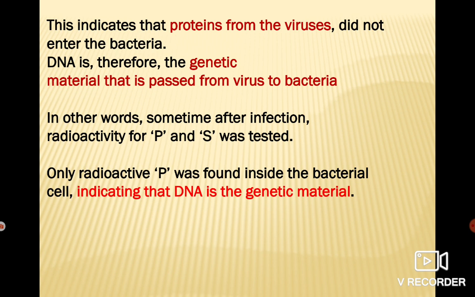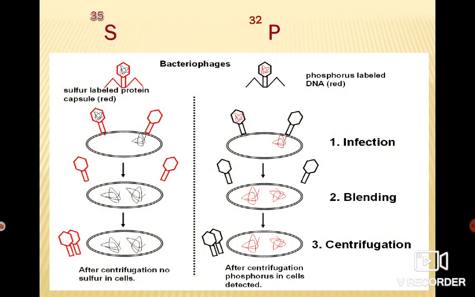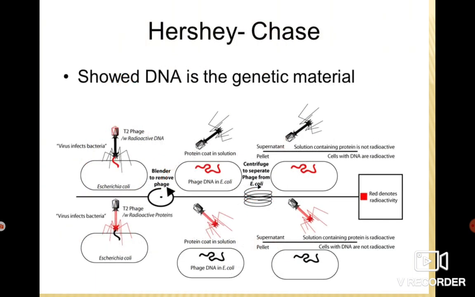In other words, some time after infection, radioactivity for phosphorus and sulfur was tested. Only radioactive phosphorus was found inside the bacterial cell, indicating that DNA is genetic material. See, again we will see this figure here.